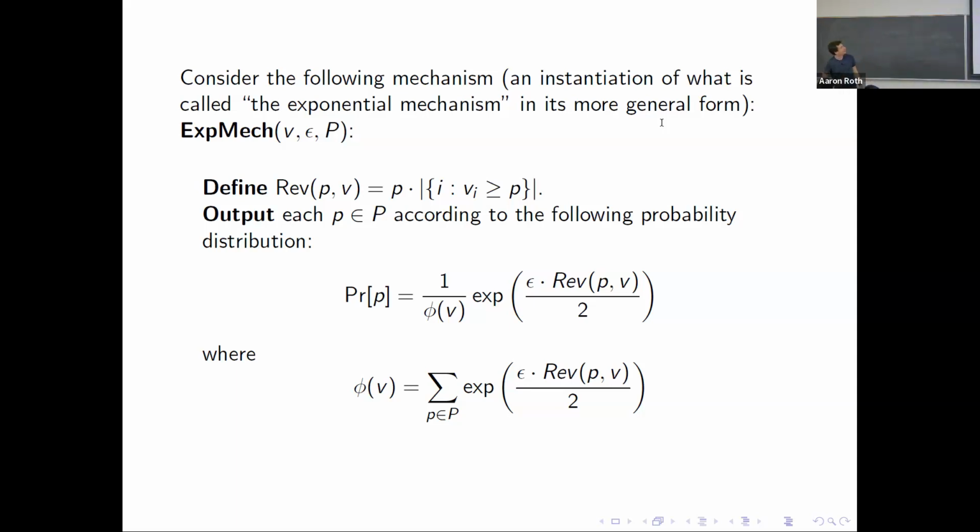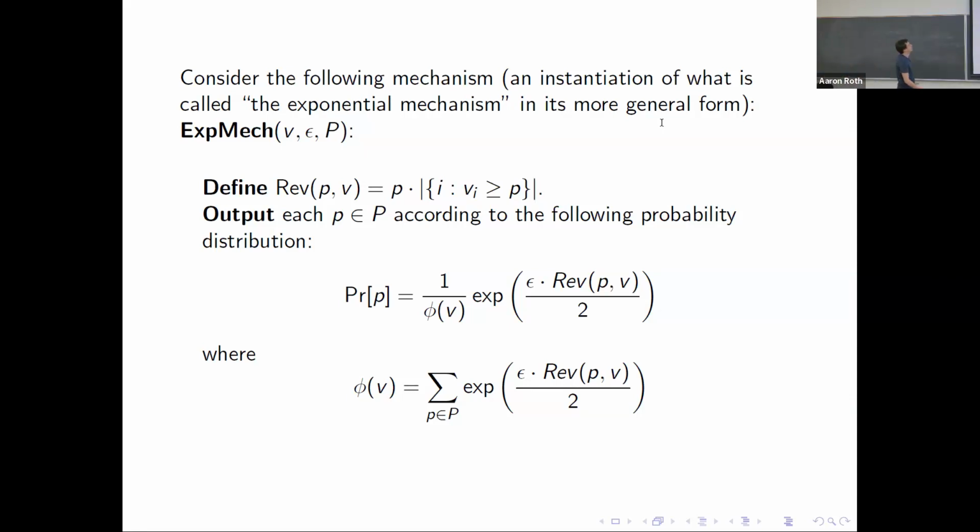So one person's bid can have a big effect on what the best fixed price is, as a dollar amount. But if at a particular price P, you look at how much revenue I would make if I sell at this particular price P, one person cannot have a very large effect on this.